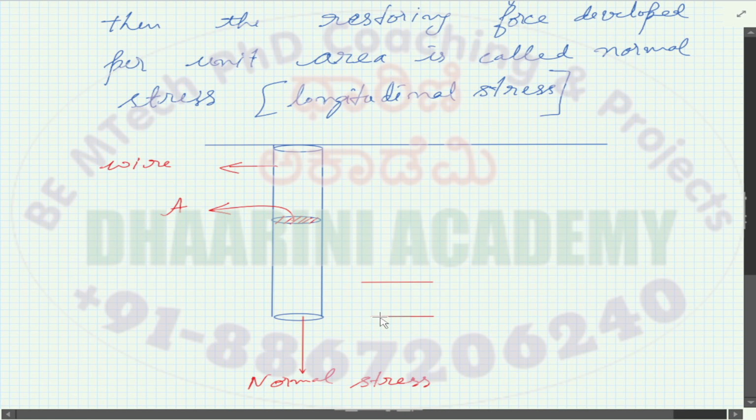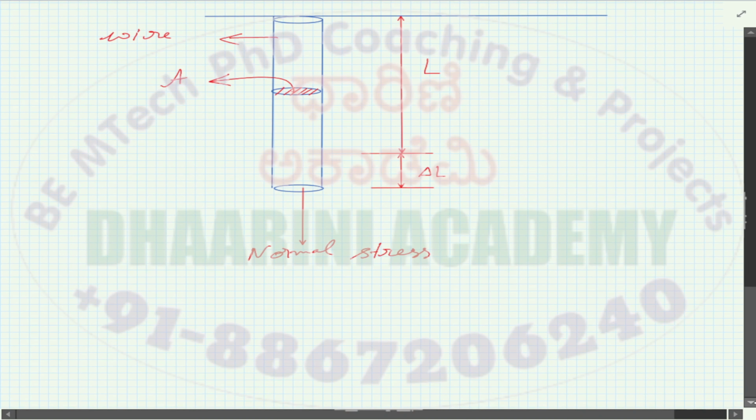This is the initial length, and after that it changed its length like this. The mathematical notation for this representation: originally I had a length L, and later on it changed its length by delta L. So you see there is a change of delta L by L, that could be the strain of this.